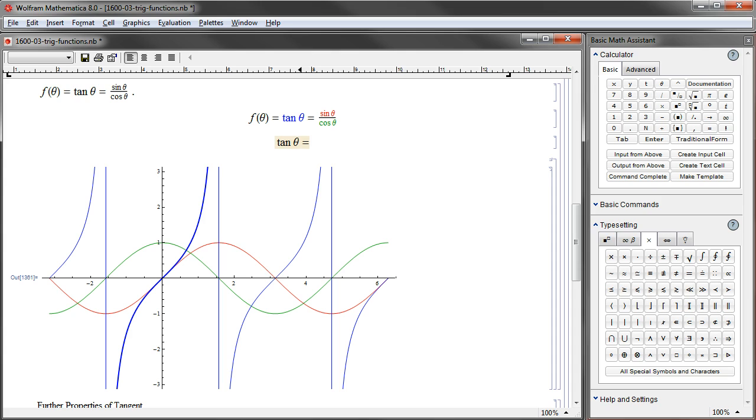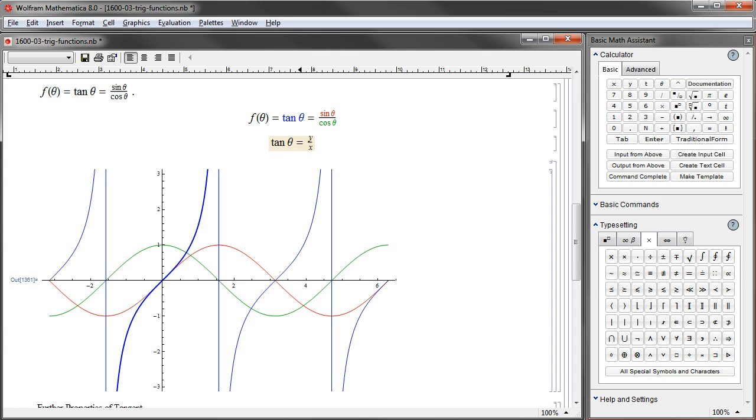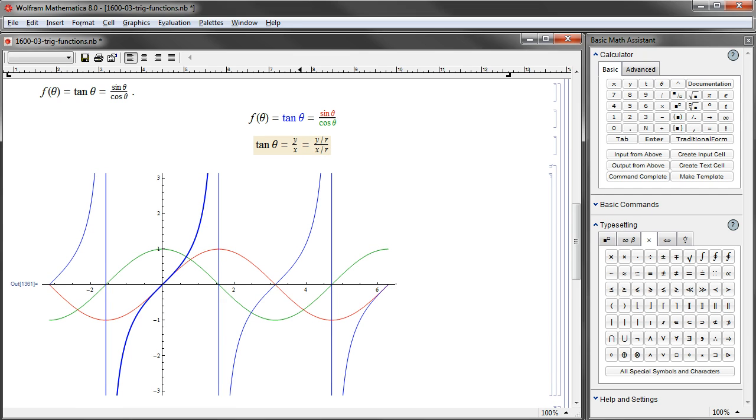Tangent of theta is defined by y/x, and let's algebraically manipulate this a little bit. Divide both numerator and denominator by r. Then we have (y/r) over (x/r). Because I divided both numerator and denominator by the same number, r, I didn't change anything, so equality still holds.